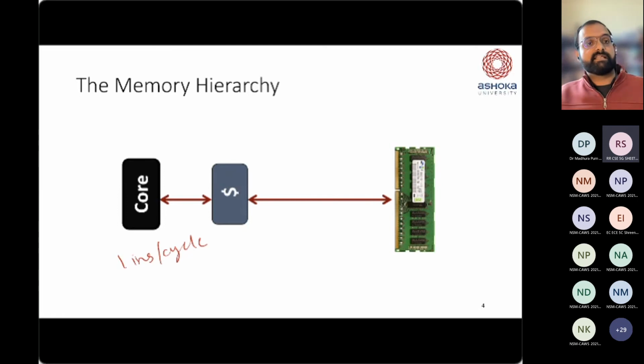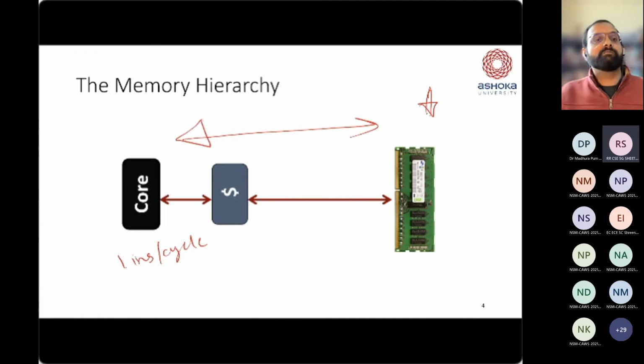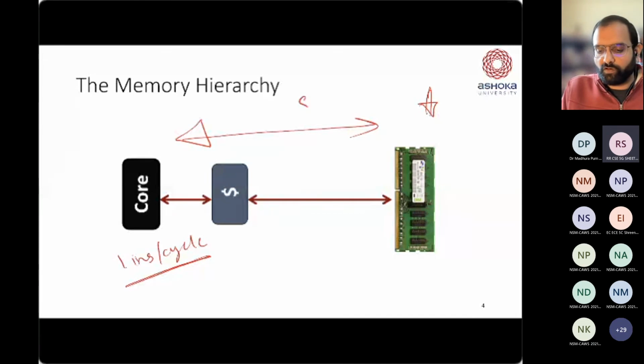But that instruction has to come from somewhere in memory, which is very far away in terms of time. The time it takes to bring one instruction and the accompanying data it operates on from memory is of the order of 500 or more cycles, right?